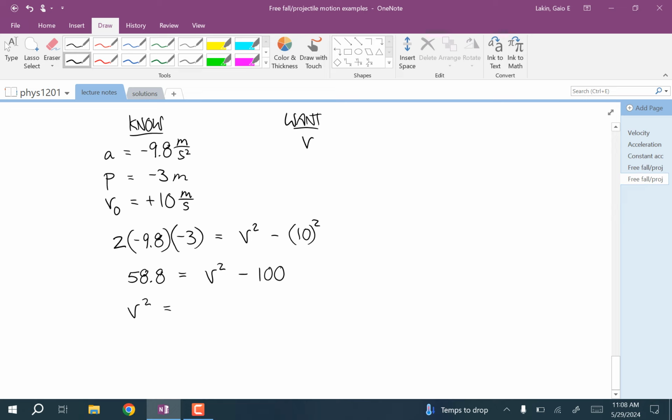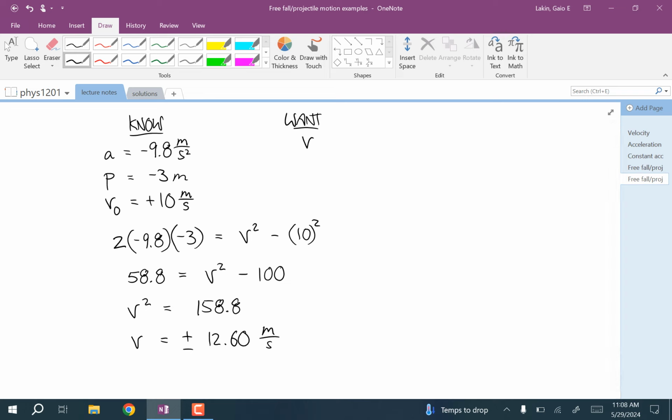Take the square root of both sides, and you get v is equal to plus or minus 12.60 meters per second. Now, to think about whether you want the plus or minus, you have to think, is this on the way up or the way down? We're talking about after it's reached the highest point and now it's coming back down to the ground.